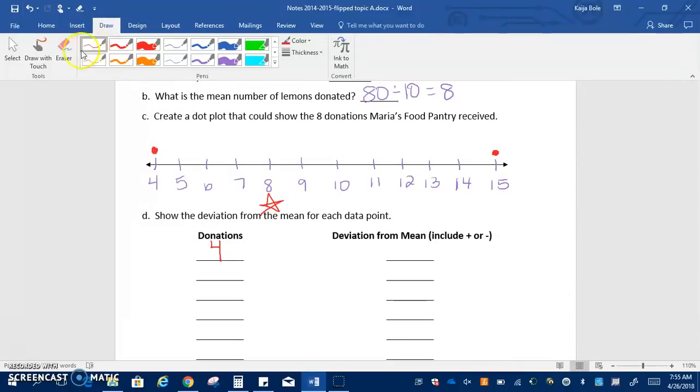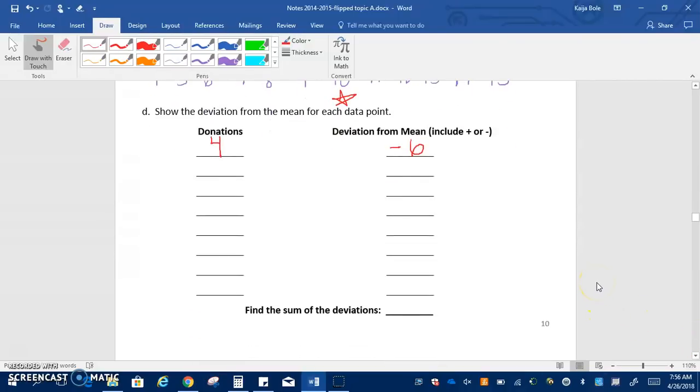That's what I was confused. So erase that star under the 8. Our mean is 10. This makes more sense. So if our mean is 10, the deviation for 4 would be minus 6. Okay. And then we know we have a 15, and I'm going to put that all the way down here at the bottom. And we know that the 15, the deviation would be a plus 5.